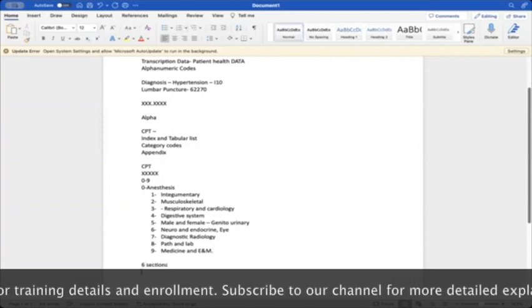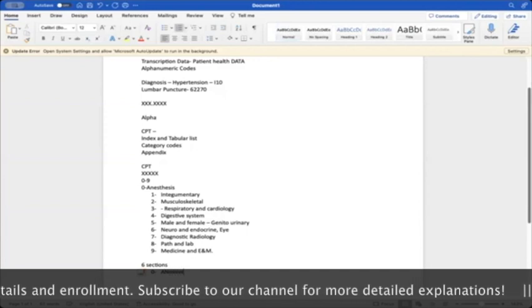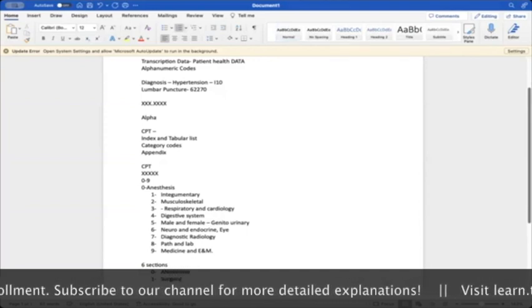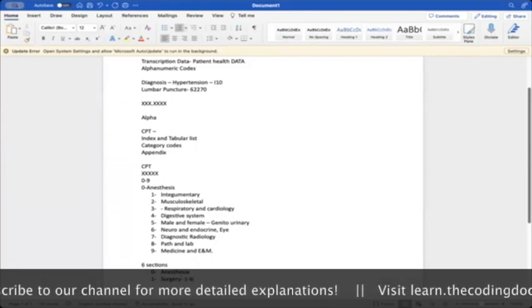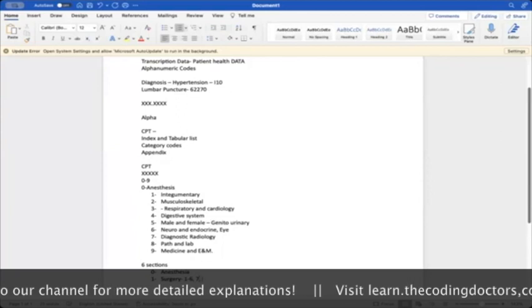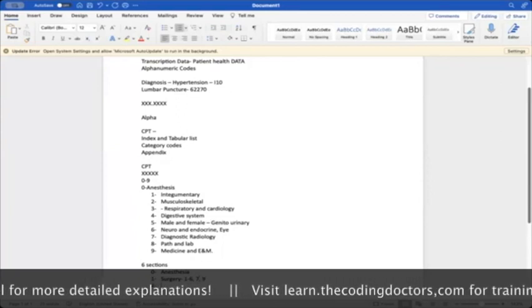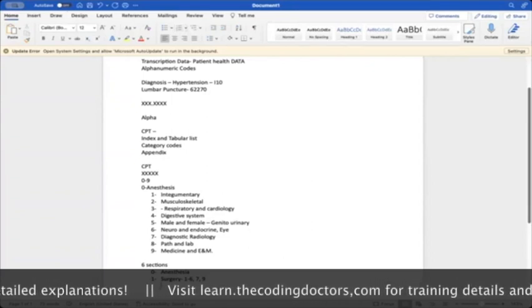First section would be anesthesia. Second section would be surgery from 1 to 6 series. The codes which are falling under 1 to 6 series, some part of 7 series, some part of 9 series, consider as surgery.